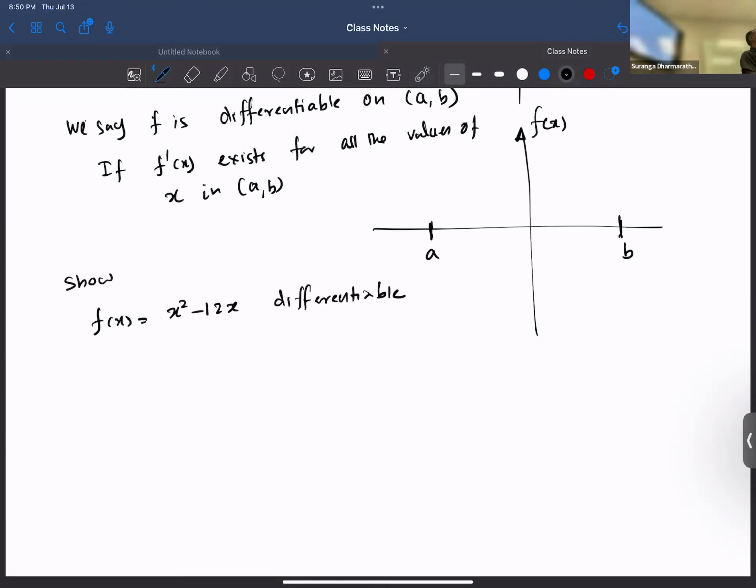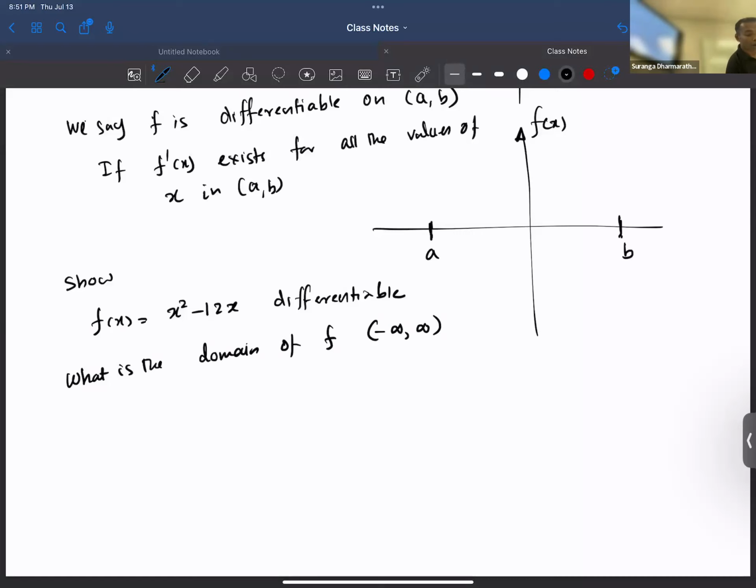It means f prime x exists for all the values of x in the domain of f. What is the domain of f? Negative infinity to positive infinity. Very good. All the values of x on the real line go into that function without any problem.